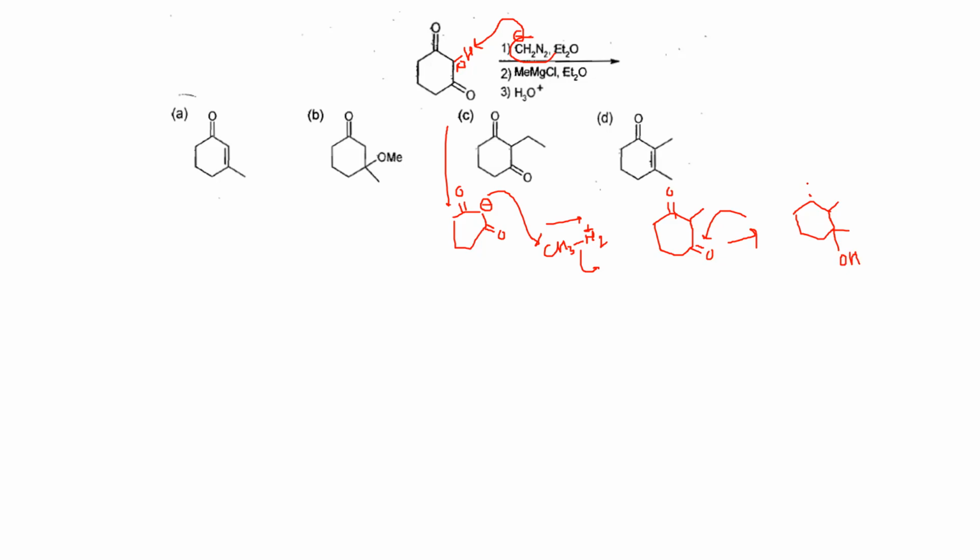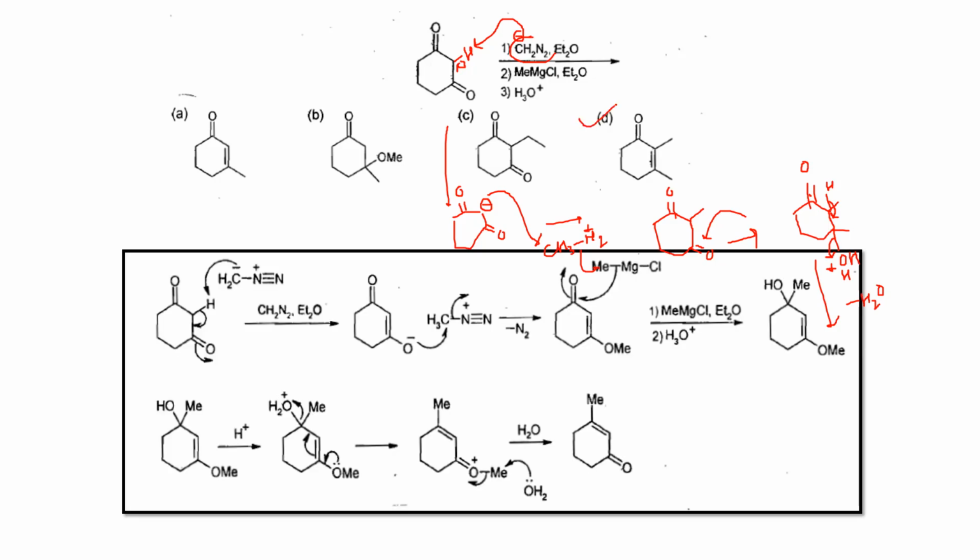In the final step, there is an acid source, and this H is acidic, so this will go here, and OH removes from the system as water. The correct option is option D.